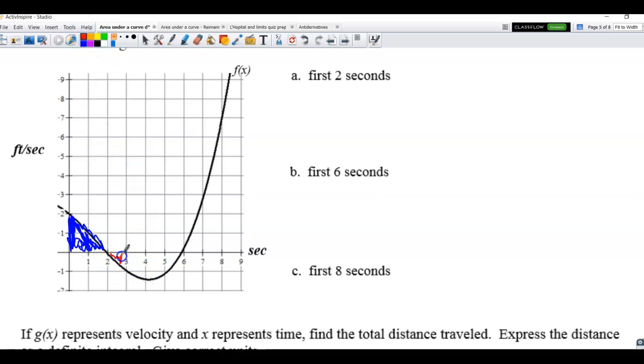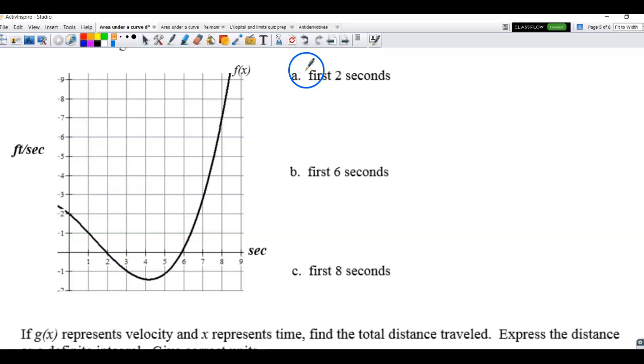In this region, this area is negative area because it is below the x-axis. And everything back over here after 6 is all positive area. So the blue counts as positive, the red counts as negative.